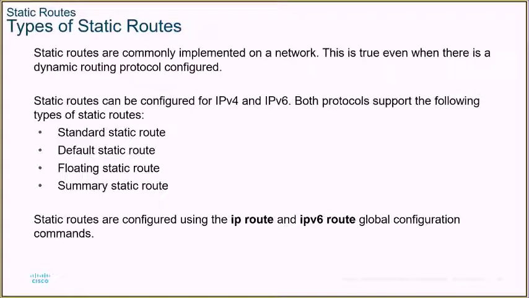And a summary static route can be used to summarize networks so that you can decrease the size of the routing table, which has several benefits, including quicker searching of the table. Static routes are configured using the ip route or ipv6 route global config commands.